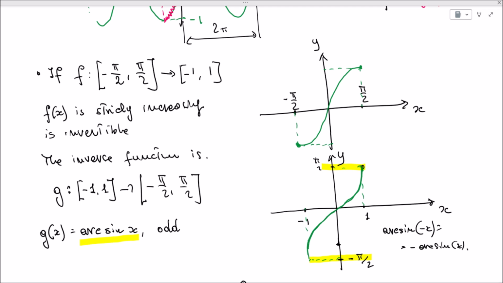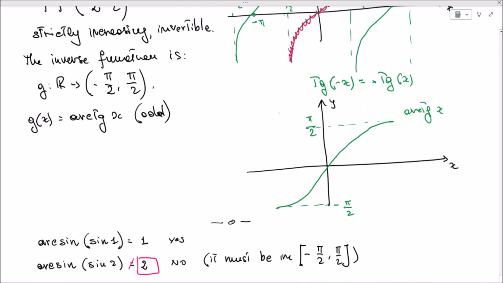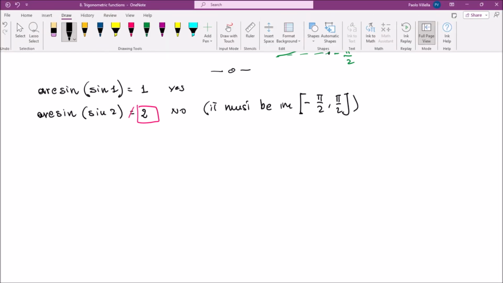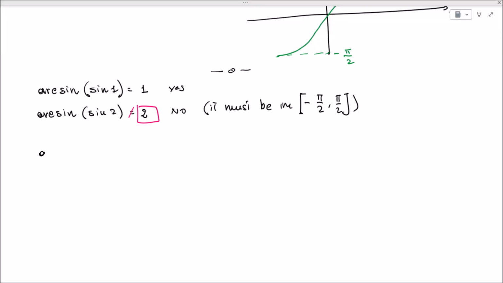Because 2 goes beyond this interval, it is impossible to give 2 as a result. So we can generalize, saying that arc sine of sine of x is equal to x only for x that belongs to the interval minus pi over 2 and pi over 2.